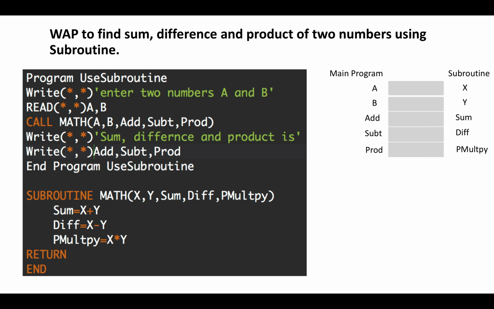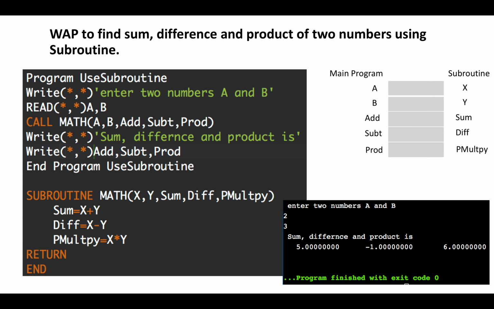So in the main program this memory location is real, while in the subroutine it corresponds to an integer, which is wrong. They must have the same data type. So that is why I put a character p in front of the variable multiply. Now p multiply starts with p, which is by default real in Fortran.